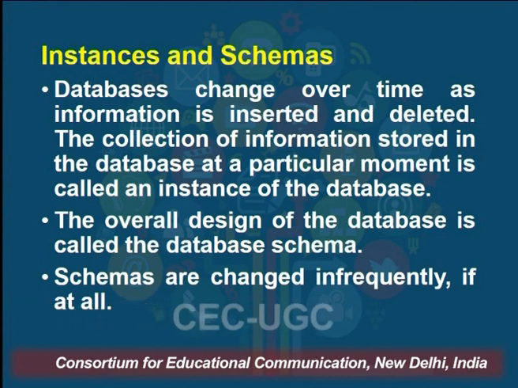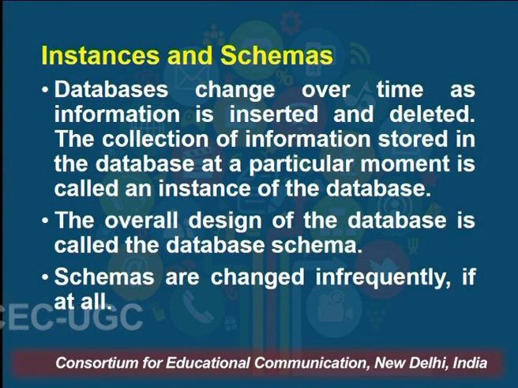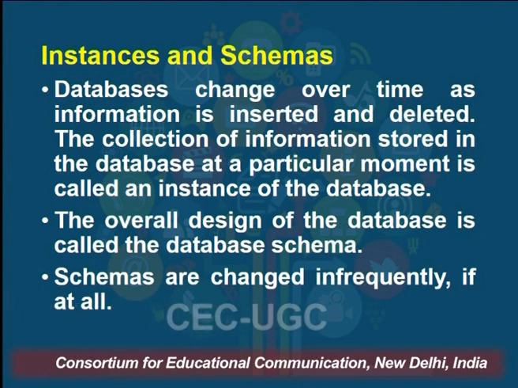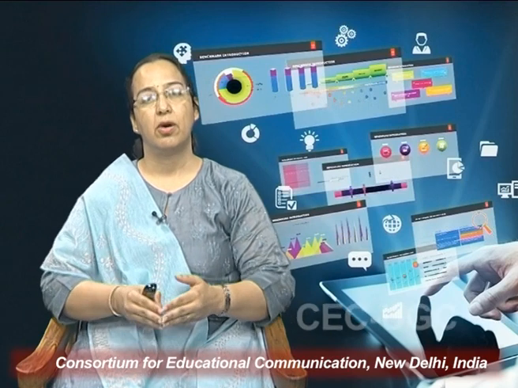While when we talk about instances, it is the status of the database at a particular point of time. For example, let us say a database file is named instructor, meaning it has the data of all instructors.